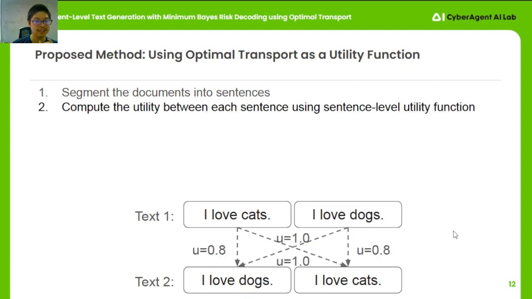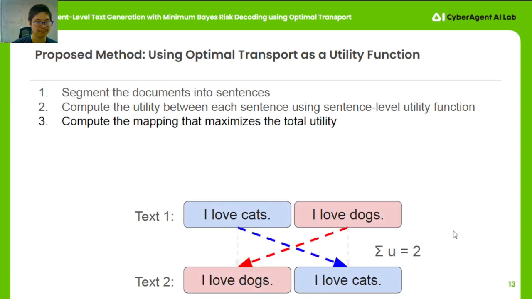Then, using the sentence-level utility function, which we know works, we compute the utility between each sentence in the document pairs. And then we compute the mapping from one document to the other, maximizing the total utility.